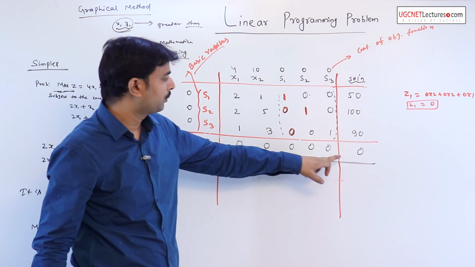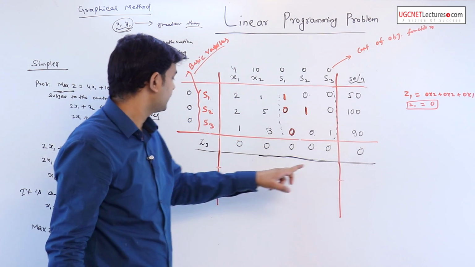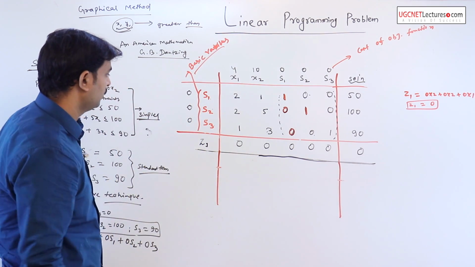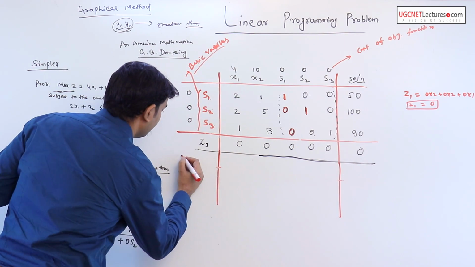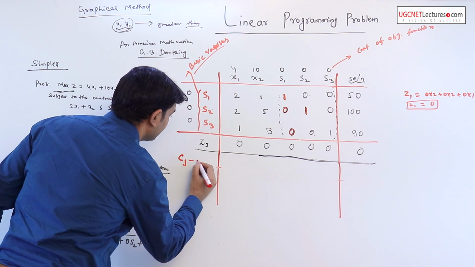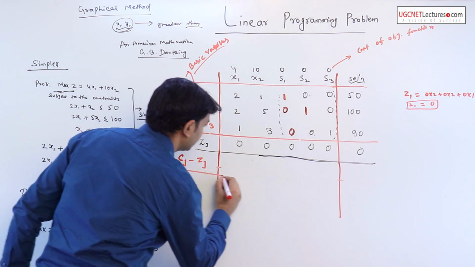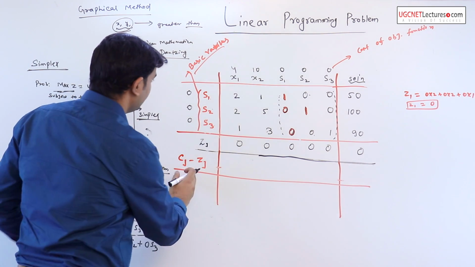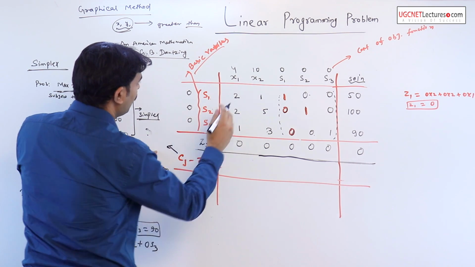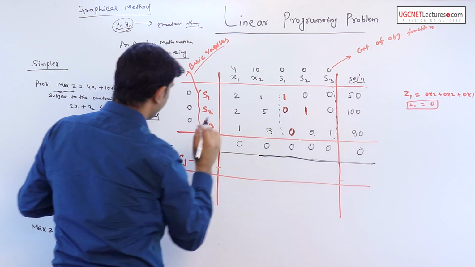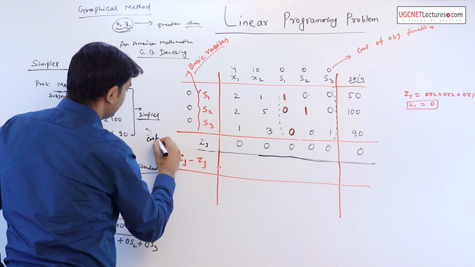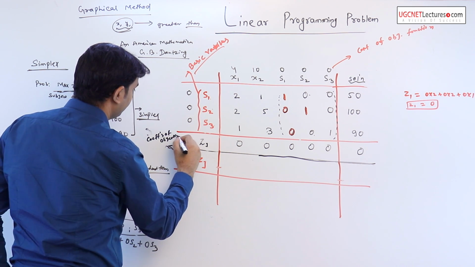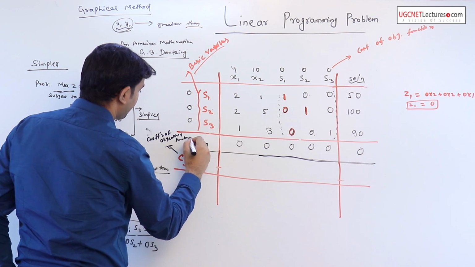Now we have to improve the result of objective function 0 further. So for this we have first to calculate Cj minus Zj. Here Cj is the coefficients of objective function respectively.